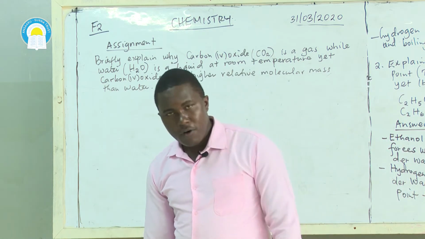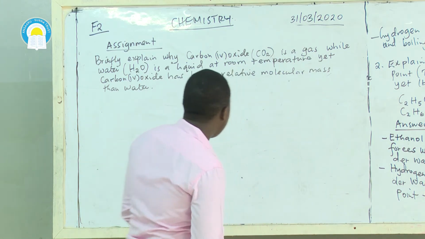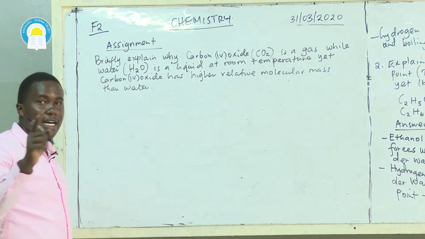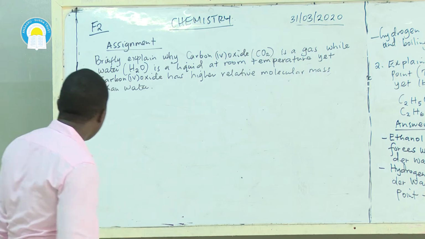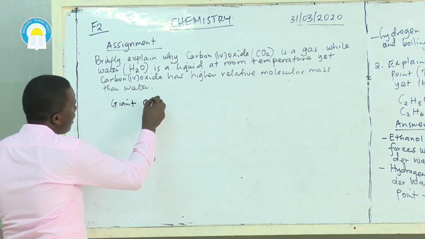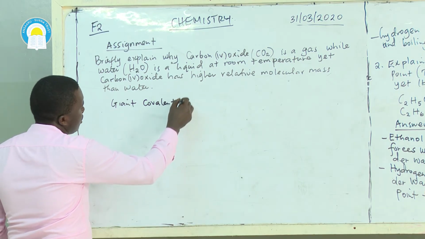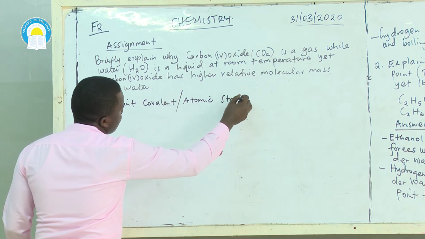Moving forward, I want us to look at the second type of structures that arise due to covalent bonding, which is giant covalent, or atomic structures.